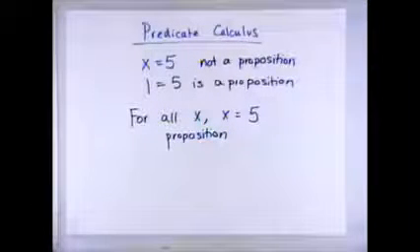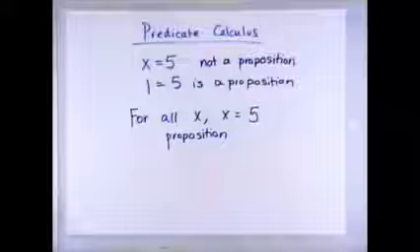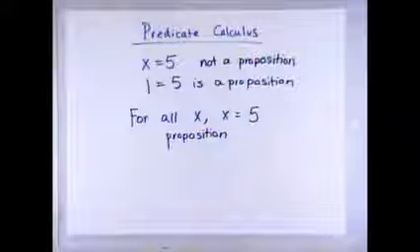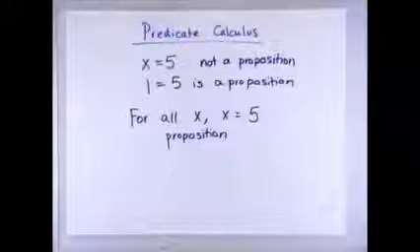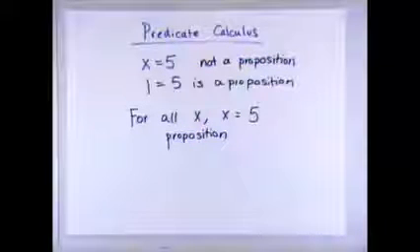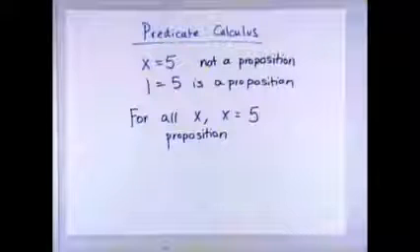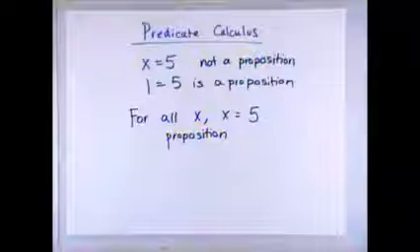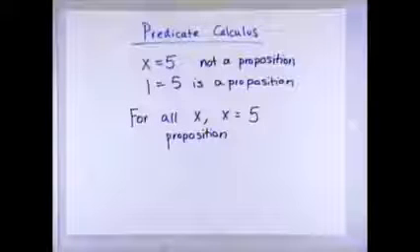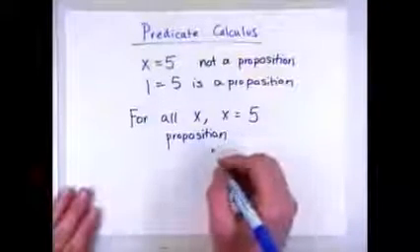Is that a true statement or a false statement? No matter what x value I plug in, do I get x equals 5? If I set x equal to 1, I get 1 equals 5. Is that true? No, it's false. 1's not equal to 5. So this statement is a false statement.